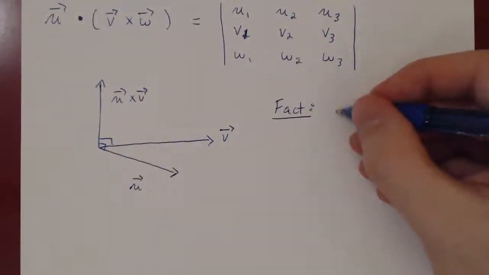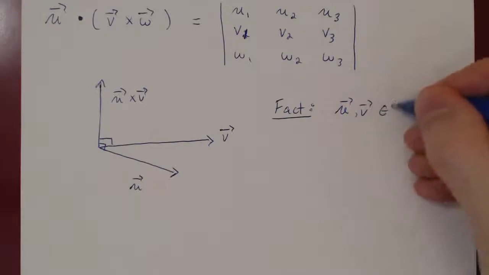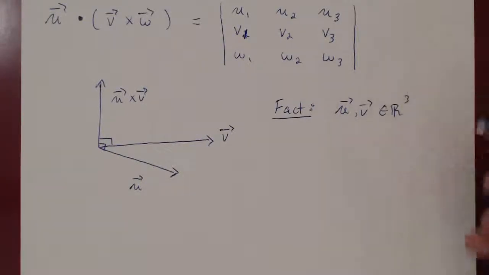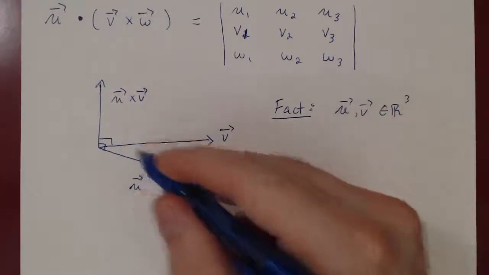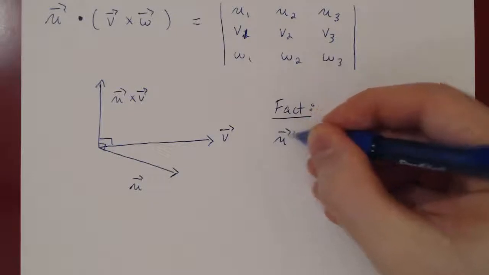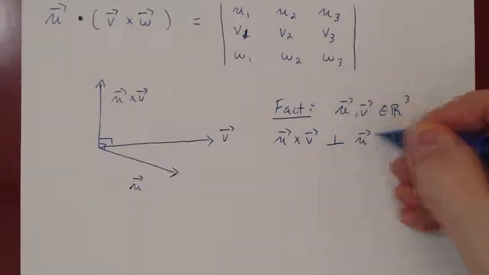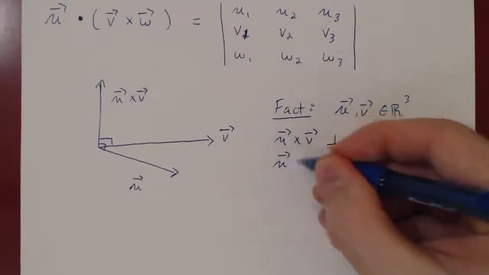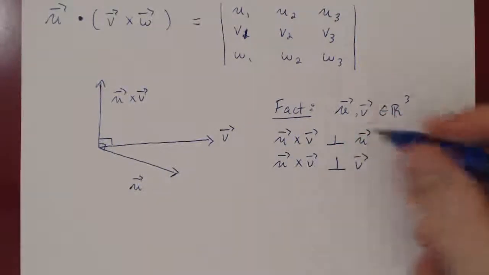If you have two vectors in R3 and you cross them, automatically u cross v is orthogonal to u, and u cross v is also orthogonal to v.